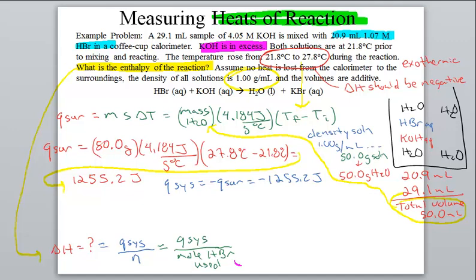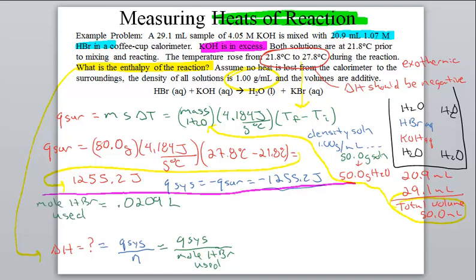Now, as far as calculating the bottom part, since this number will go into that part of delta H, we still need to calculate how many moles of HBr actually reacted. We know from the problem that HBr was the limiting reagent and 20.9 milliliters reacted. The concentration was 1.07 moles of HBr per liter.